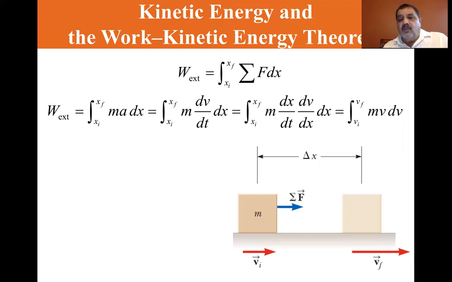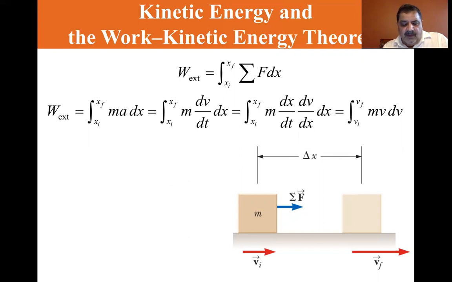So we end up with the integral from v initial to v final of mass times velocity dv. Okay, now that's applying the chain rule. So vi is the speed of the block at x equals xi at the beginning, and vf is the speed at x final.